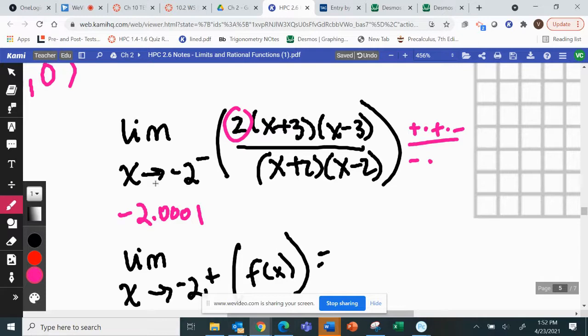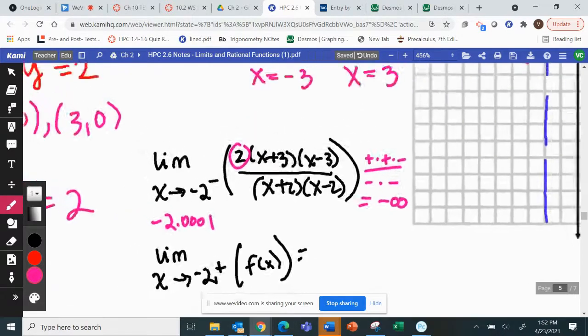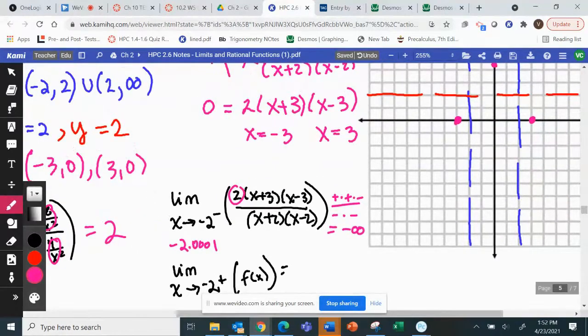Then I put it into x minus 2, and that is a negative number. So which infinity is this one approaching? Negative infinity. So on the left of negative 2, my graph is going down. So I can kind of fill in this side because I know it has to get closer to the horizontal asymptote also.